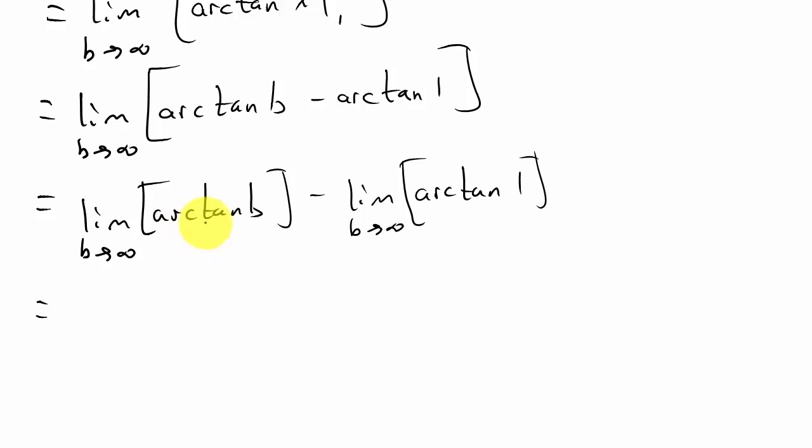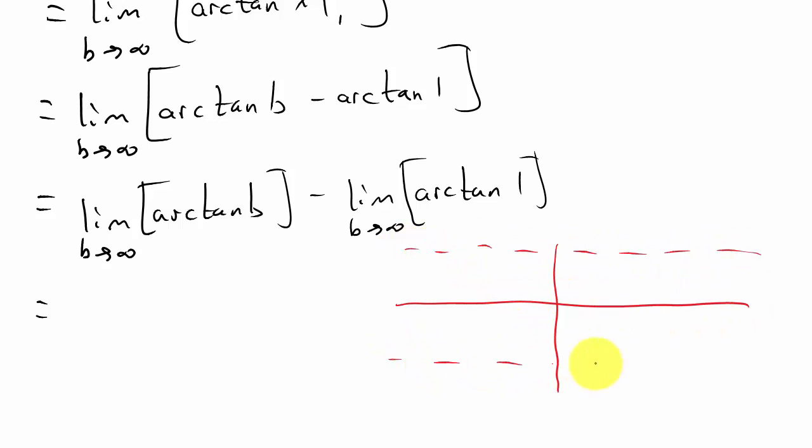So what would this limit be? If you recall, and I'm pretty sure you've done this before, we can get this from the graph. Remember the graph of arc tan? This would be pi over 2, and this is negative pi over 2, and the graph would look something like that.